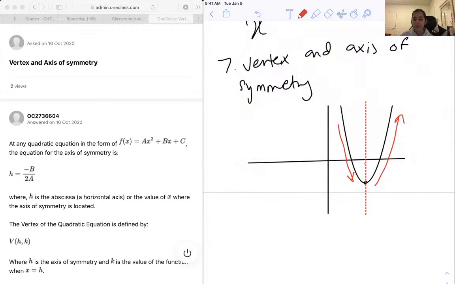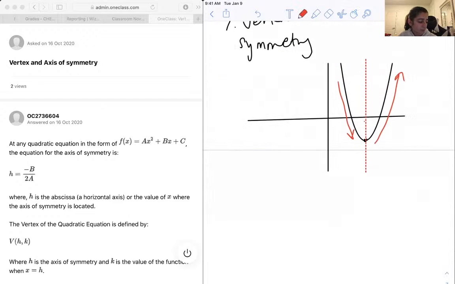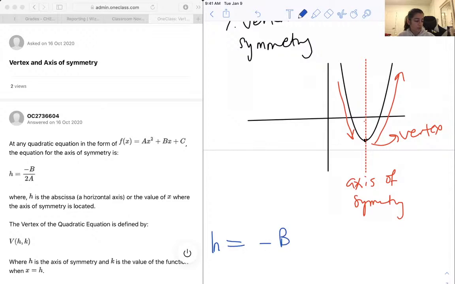Now how you calculate them is, the equation for the axis of symmetry. That is your vertex. The equation for the axis of symmetry is h is equal to negative b over 2a.